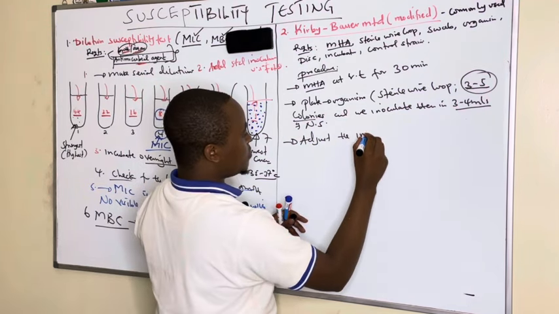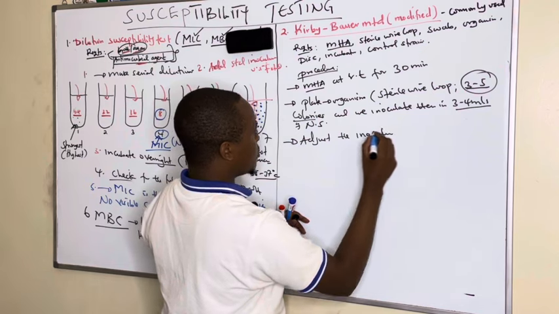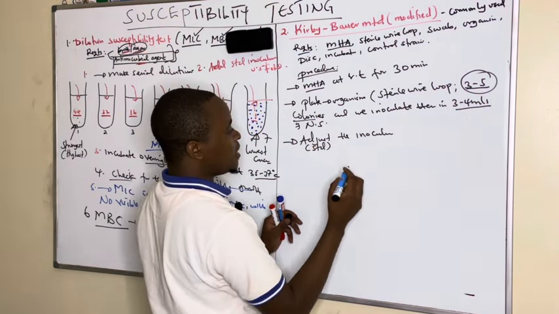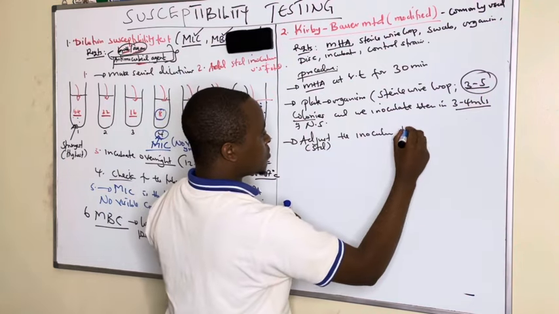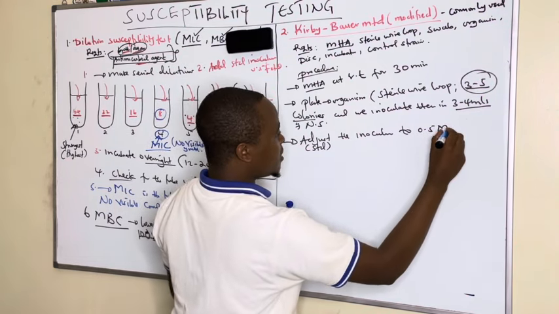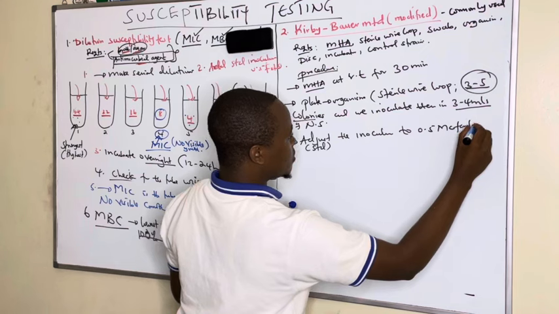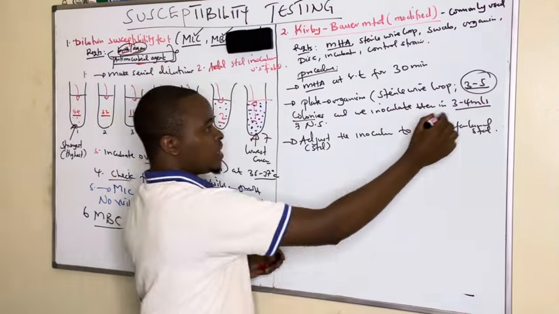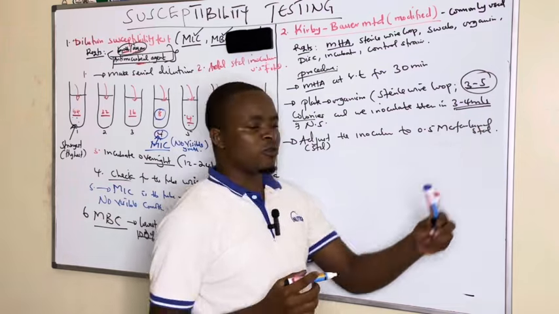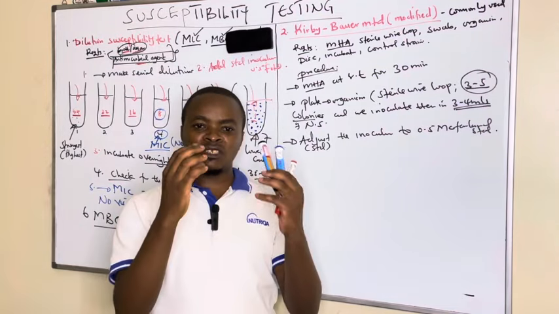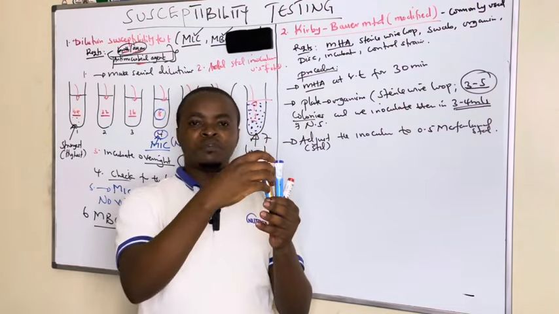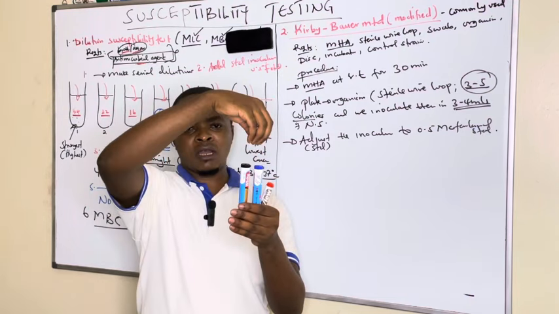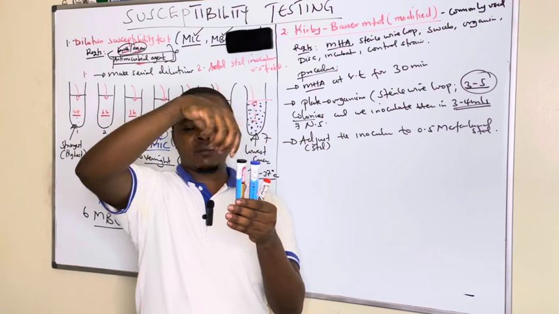or we can use the word standardize. We standardize the inoculum to 0.5 McFarland standard, whereby after you have mixed this inoculum with 3 to 4 mils, you hold it in the presence of light and keep comparing it, adding more distilled water until it matches.